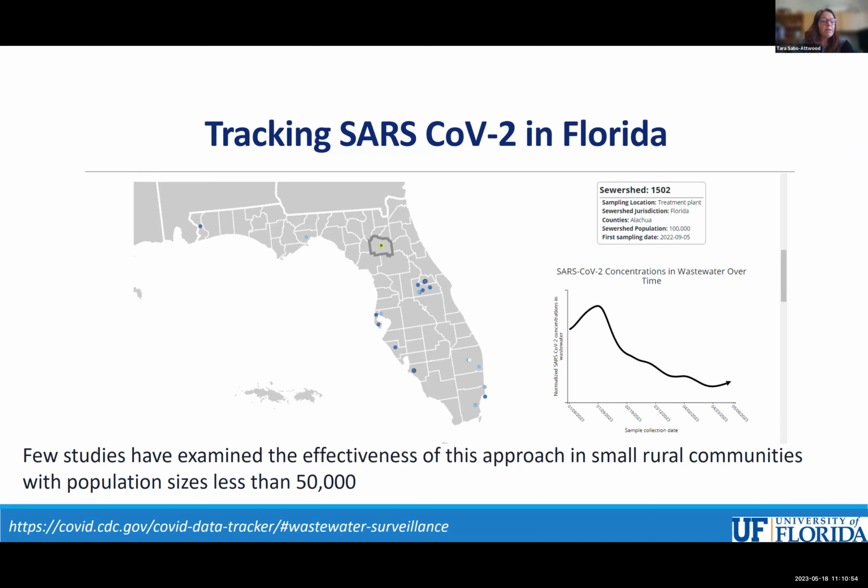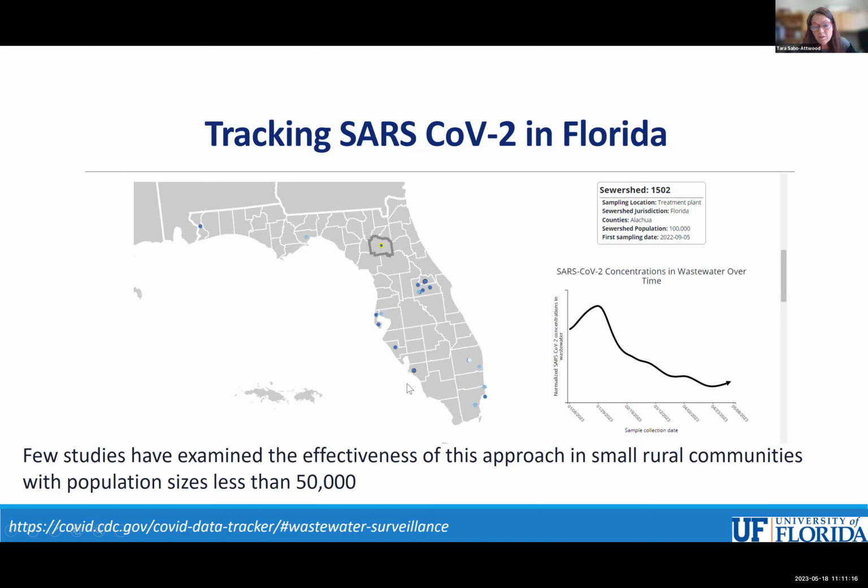So what happened as a result of a lot of that work is the CDC now actually has a wastewater SARS-CoV-2 surveillance system and a dashboard where there's information being input on wastewater levels of SARS from different areas around the country. Here's just a snapshot I pulled on Florida.